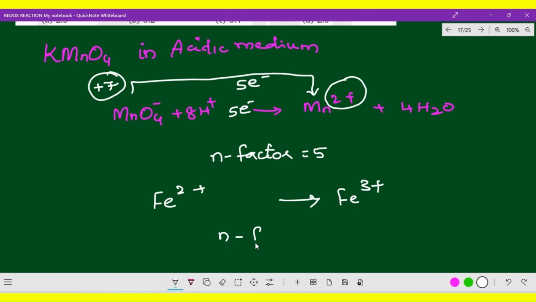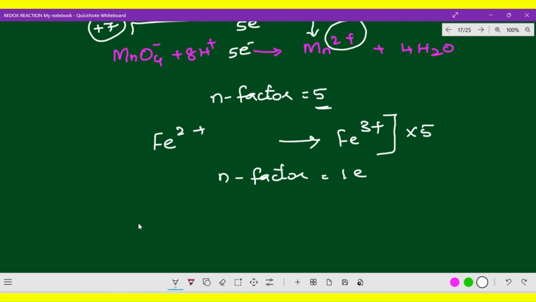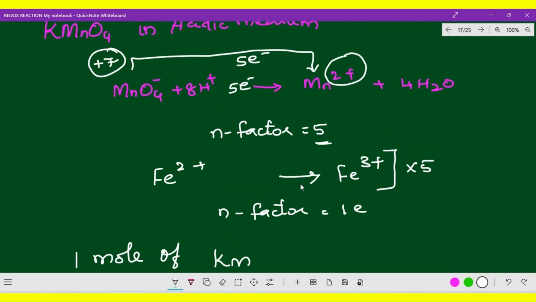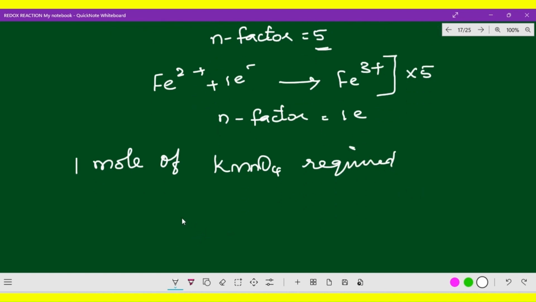The N factor of this is 1 electron, so you have to multiply with 5, to balance, by cross multiplication. So 1 mole of KMnO4 oxidizes, that is requires, 5 moles of Fe2 plus, that is 5 moles of FAS.